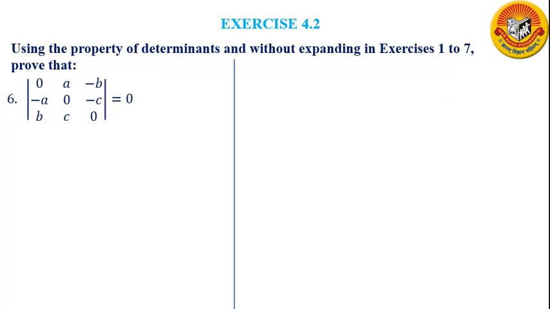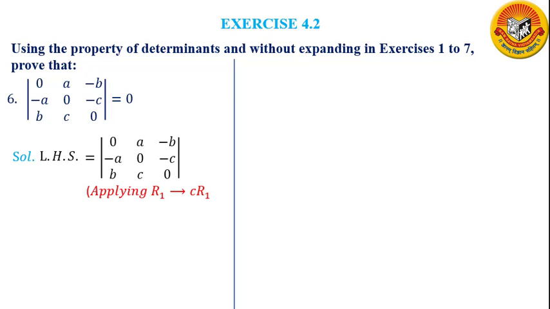Okay. Now sixth problem. Again the right hand side is 0. Then I have to make any two rows or any two columns identical. Let us see how we can do that. Now left hand side is given. Now what I will do on R1, what I am doing? I am multiplying by C on R1.